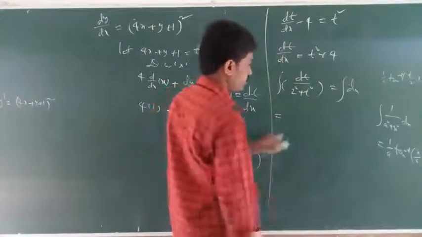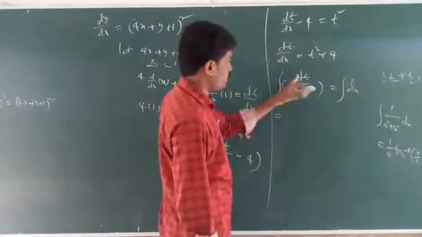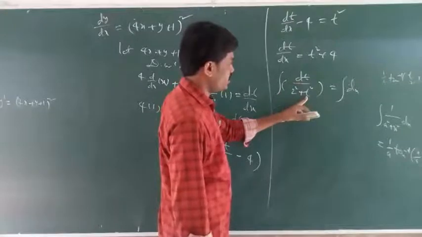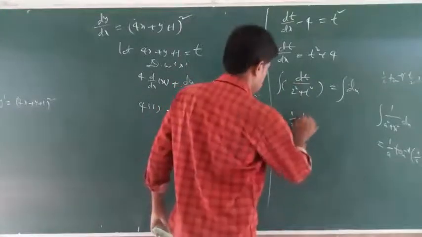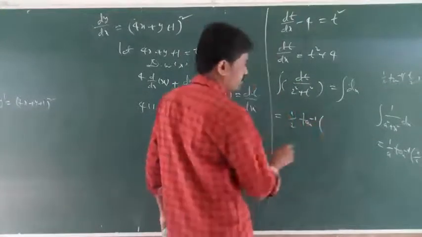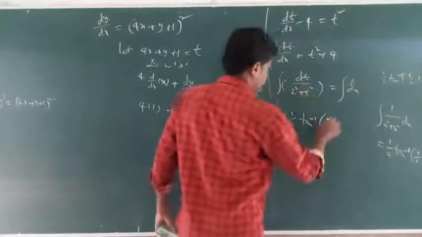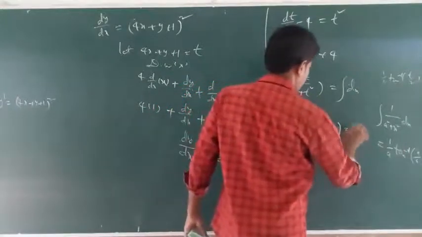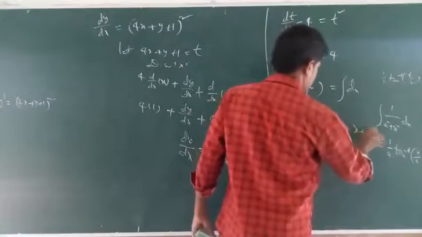So here a means 2. So 1 by (2² + t²) gives 1 by 2 tan inverse of t by 2, is equal to the integration of dx, which is x plus c.